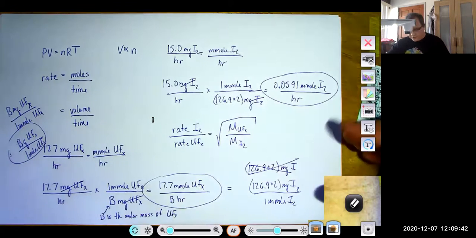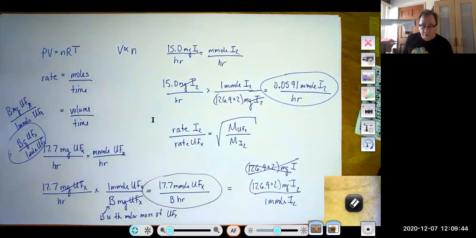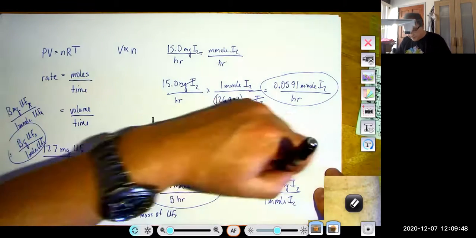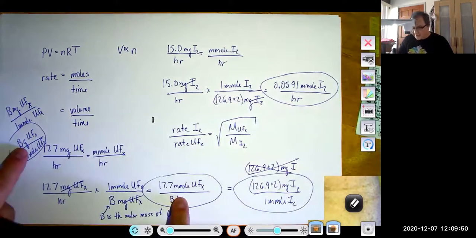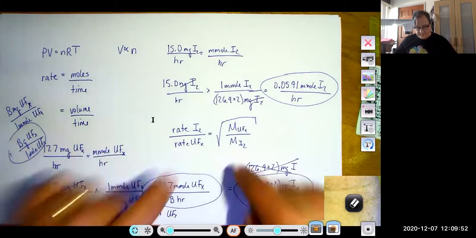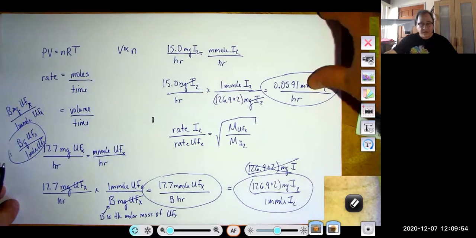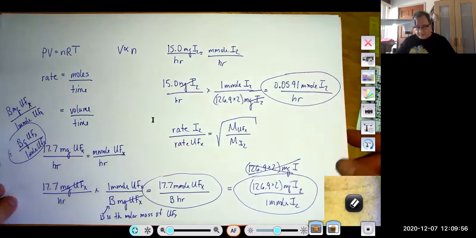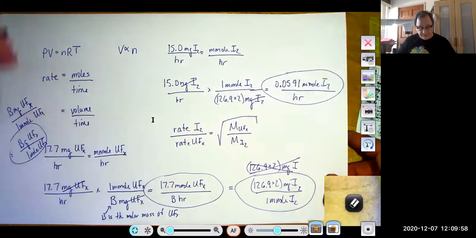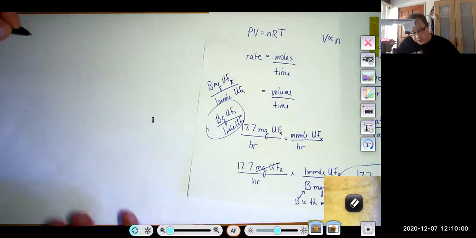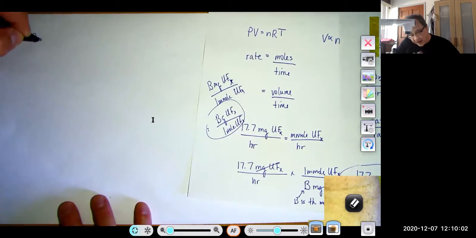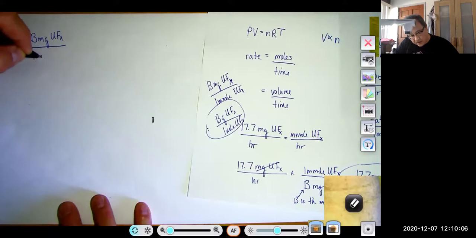So another thing that I'm doing here is putting everything in terms of millimoles and milligrams instead of moles and grams. So I'm going to use these ideas in this formula. What I'm going to do here is carefully write these ideas down on a new sheet of paper. So we have B milligrams of uranium fluoride per 1 millimole of uranium fluoride.